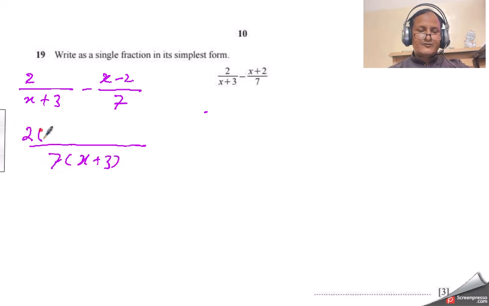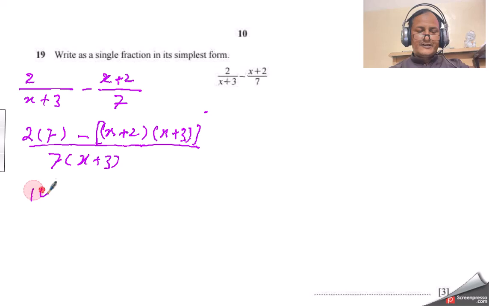After that we have 2 times (x plus 3), then minus 7 times (x plus 2)... sorry, it is (x plus 2) times (x plus 3), and we have 14 minus, then x squared plus 3x plus 2x plus 6.